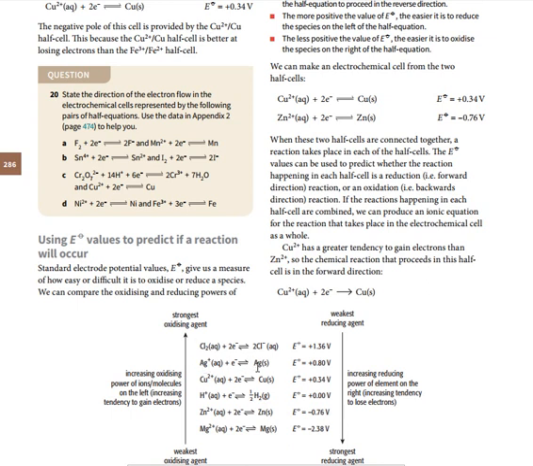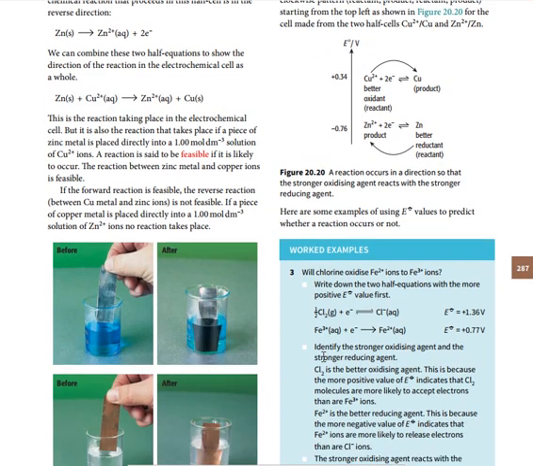And silver ion, which has an electric potential of plus 0.8 volt, is less oxidizing compared to chlorine, which has a standard electric potential of plus 1.36 volts. So this is the point.